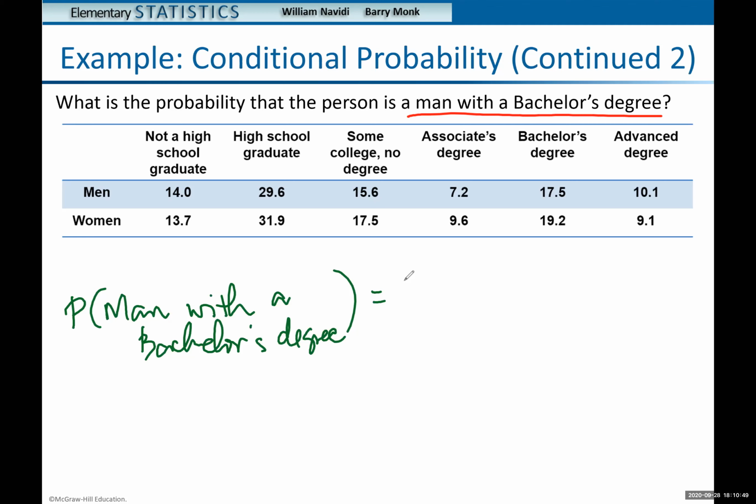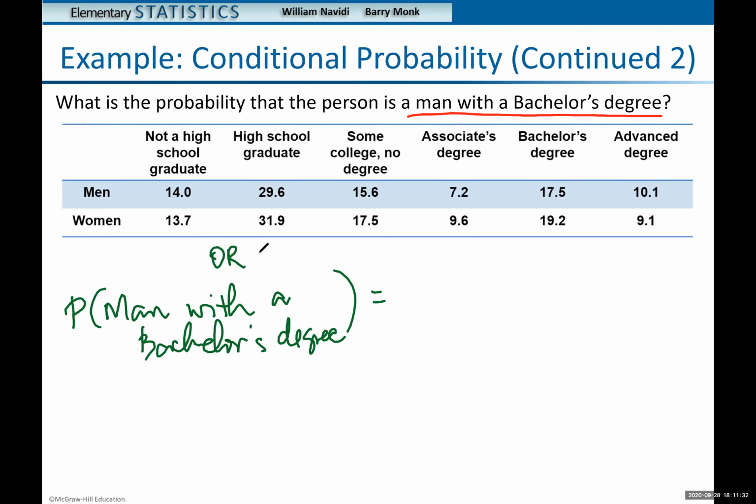Say that again. So the probability that it's a man, all men, the calculation we just got, plus the probability of having a bachelor's degree, so 17.5 plus 19.2, minus the union of being a man and a bachelor's degree, which is 17.5. Remember, this is not addition, because you don't see the "or" part, right?